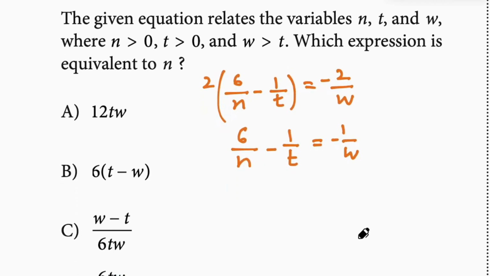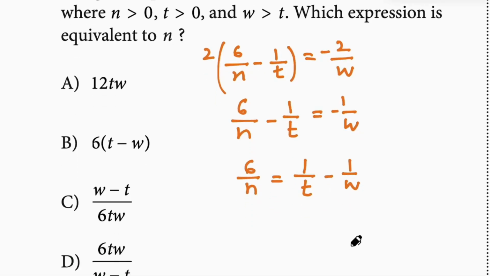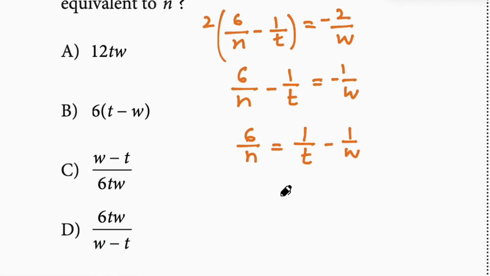Because we need n, we will move t to the other side. 6 over n is equal to 1 over t minus 1 over w, right? Oh, it's a wonderful question. Now let's take the LCM on the right side. w minus t, oh no, that's correct, over tw is equal to 6 over n.